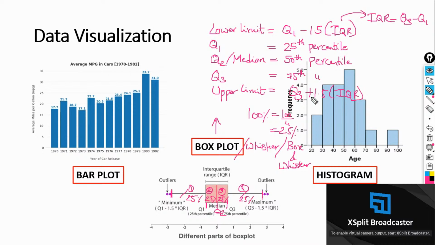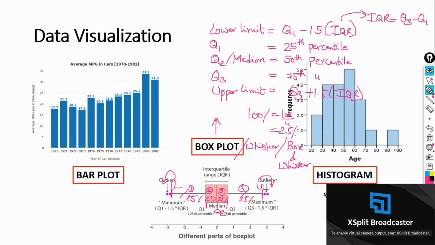I'll do the same for the upper limit also, substituting Q3 and IQR. Once after getting the lower limit and upper limit, I have to check whether we have any values which lie beyond these limits. Those values are called outliers.